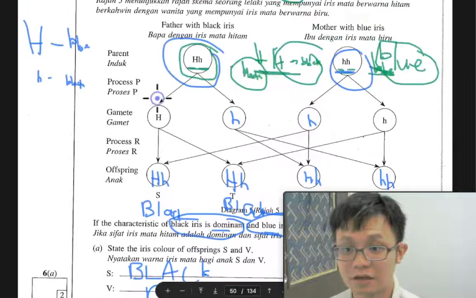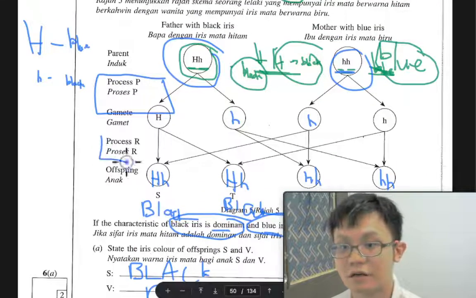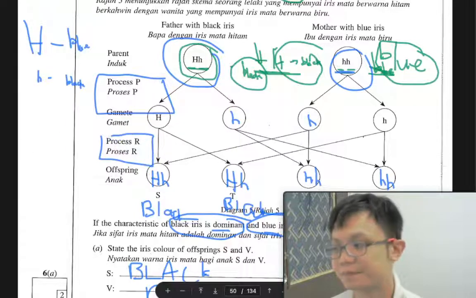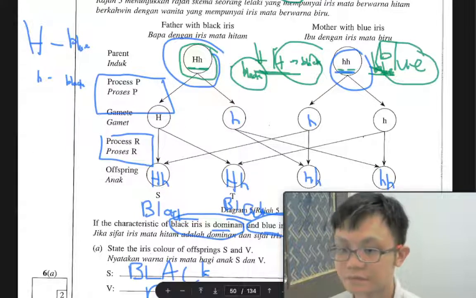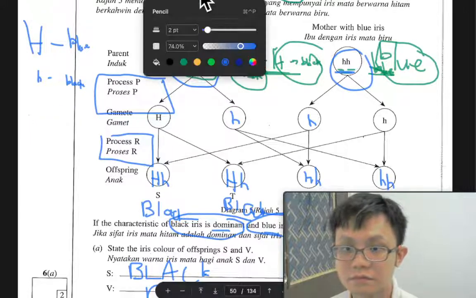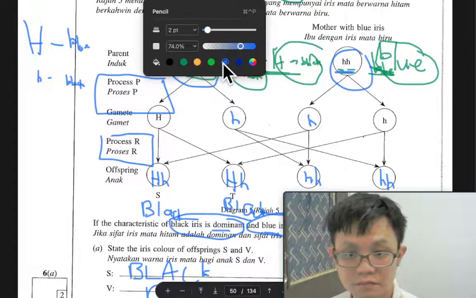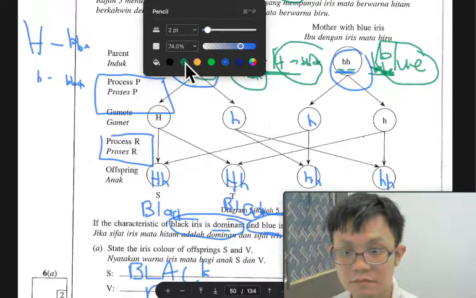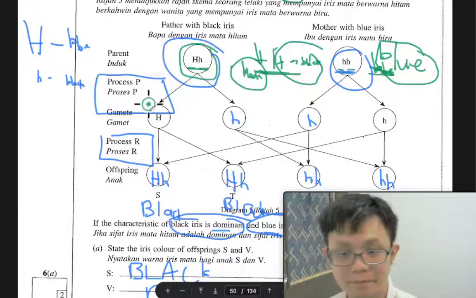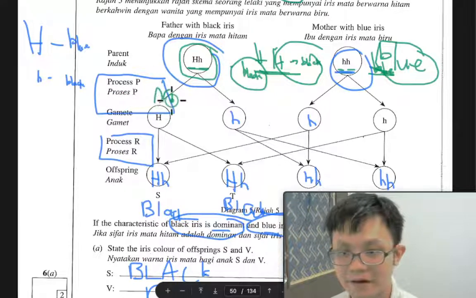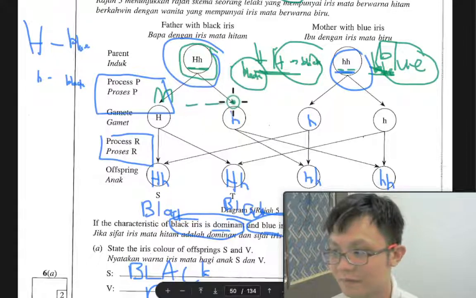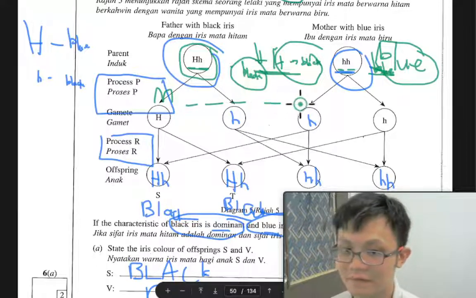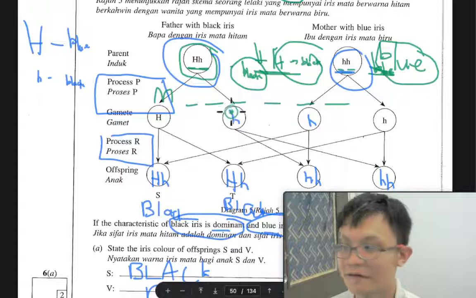Okay, name the process of P and R. What is the process of P and what is the process of R? Start from M. Oh, meiosis.